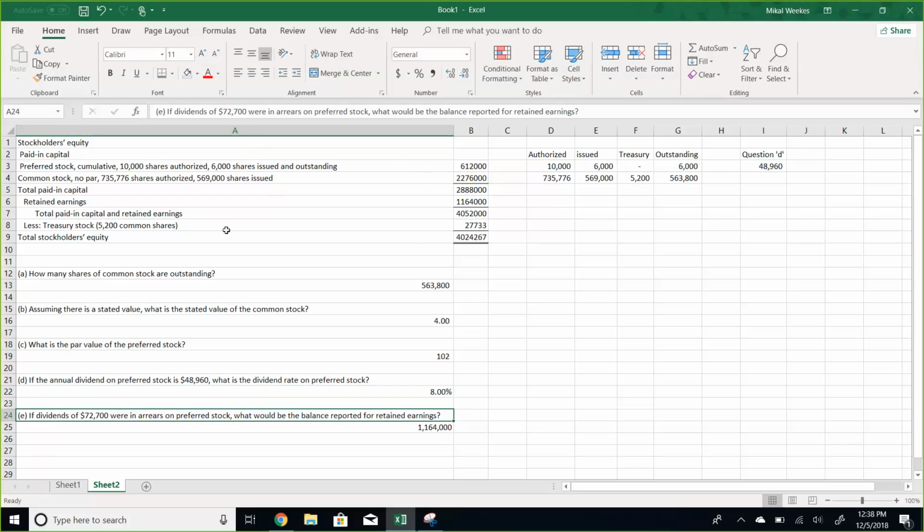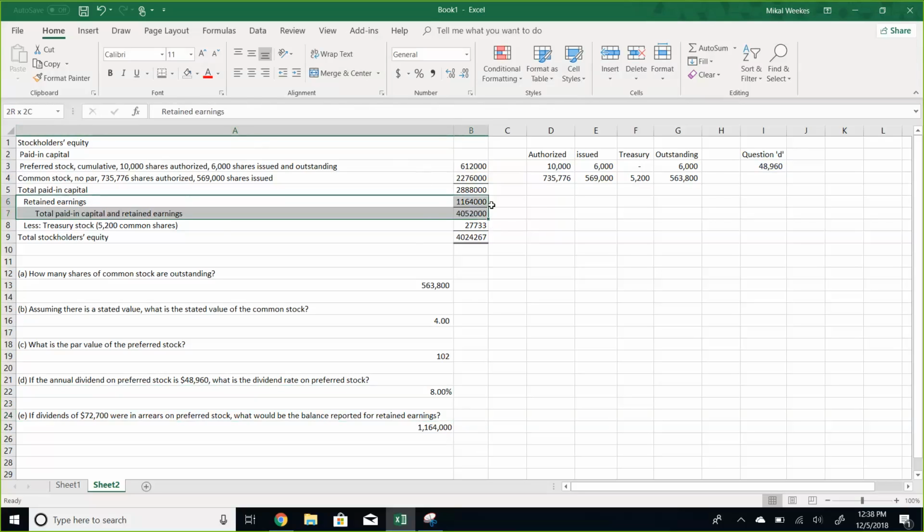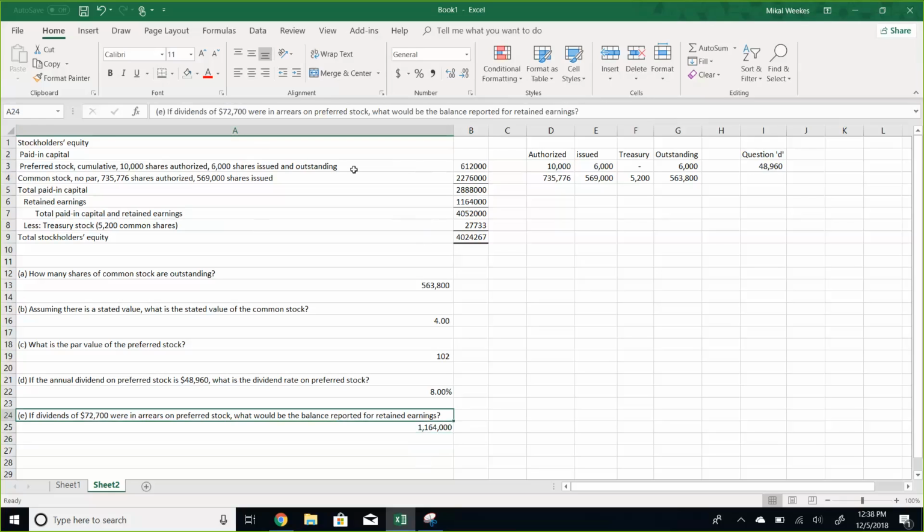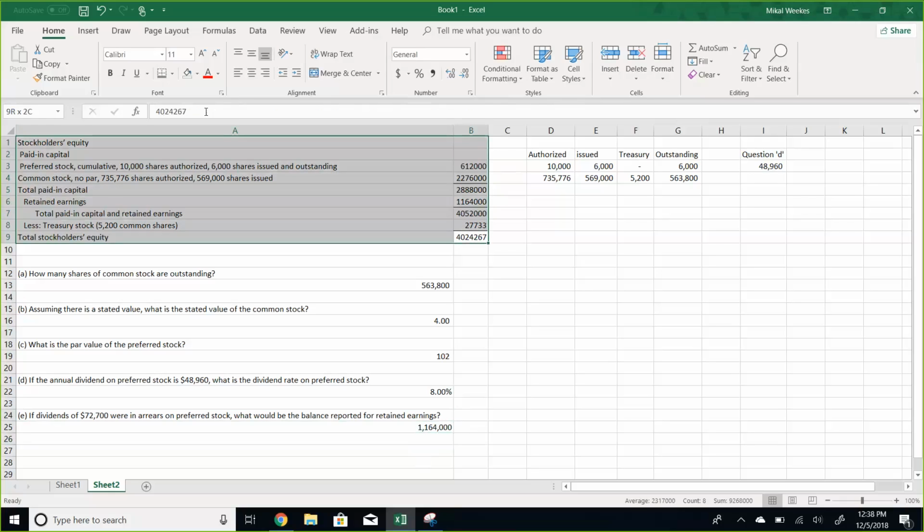So the calculation for retained earnings, those dividends in arrears would have already been worked into that number. So simply, the retained earnings as of December 31st would be $1,064,000, because that 72 was already in the calculations before you get to your final number of the account balances on December 31st. So there you go.